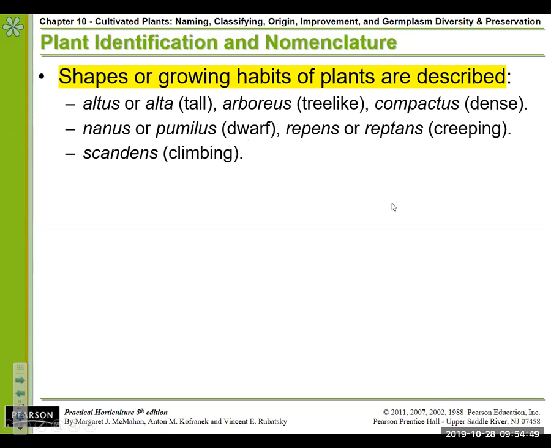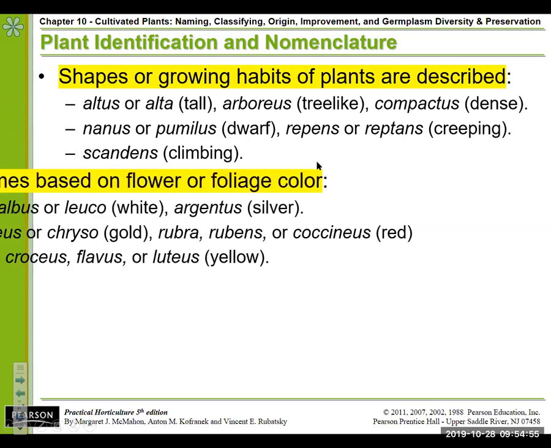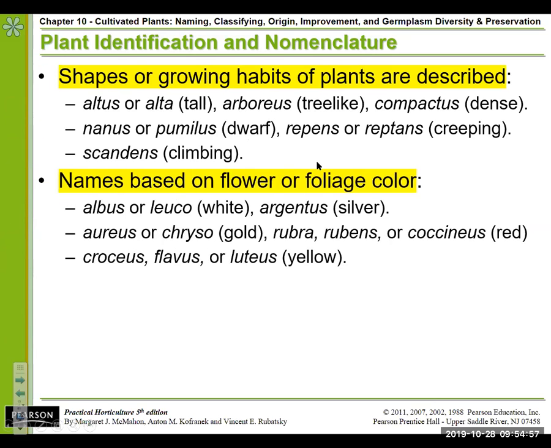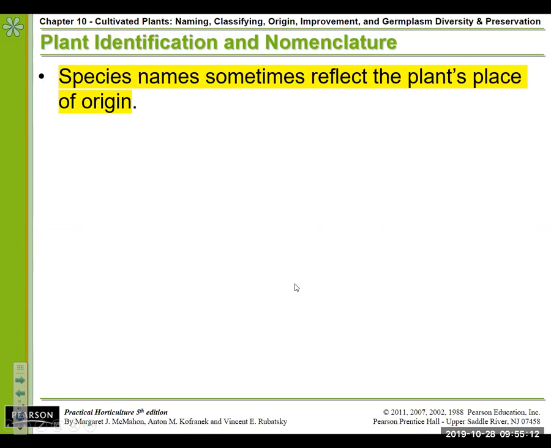And so you might have a genus of plants, and then these are used as a species to describe that specific genus. We also have names based on the color of either the flower or the foliage. So alba or albus being white, aureus being gold, rubra being red, flavus or luteus being yellow, for example.